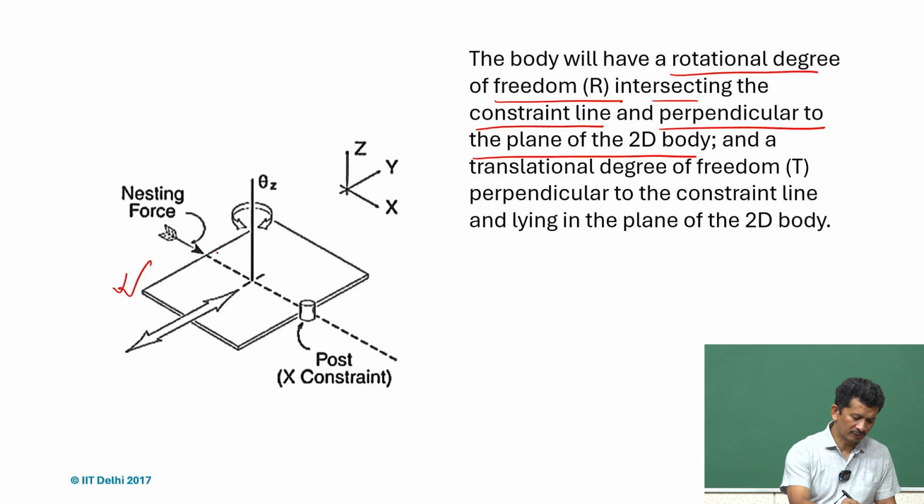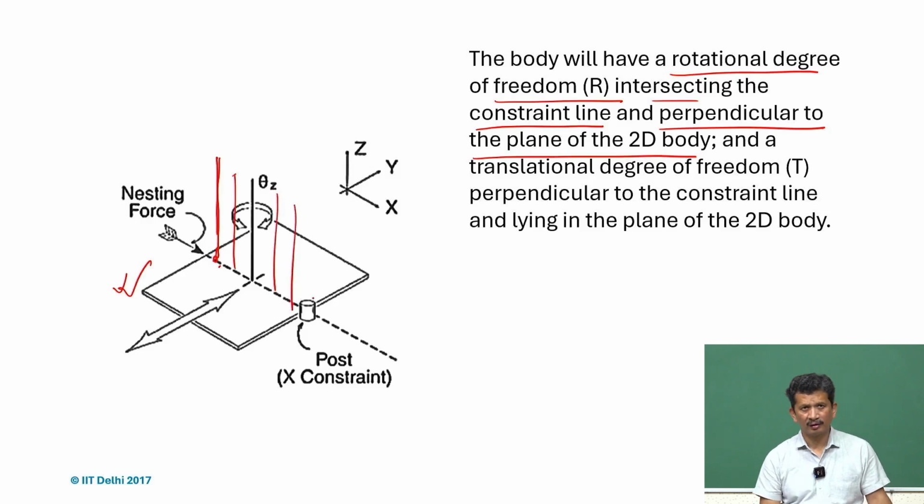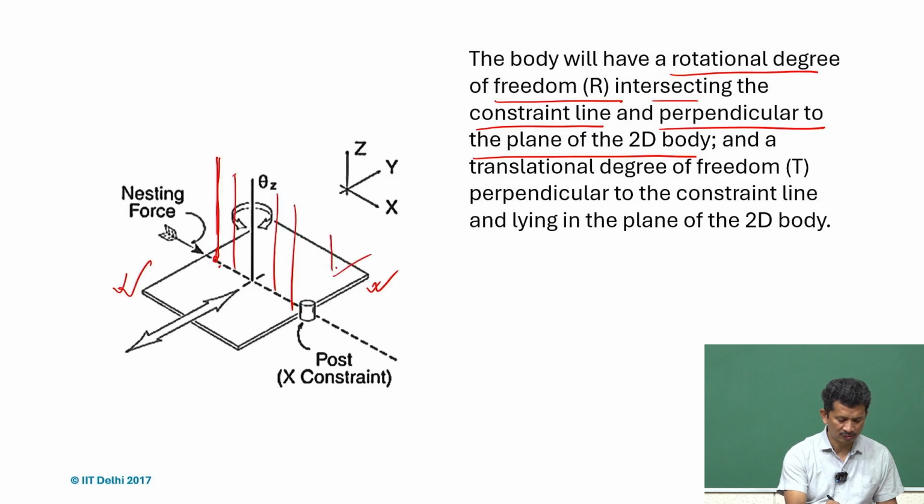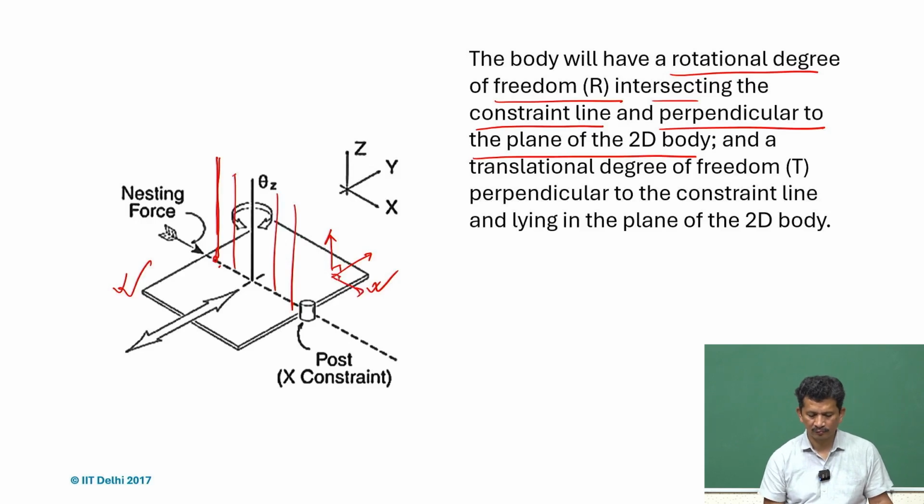So, it can also rotate here, about any axis we take perpendicular to the plane of the 2D body, and it has to pass through the constraint line.